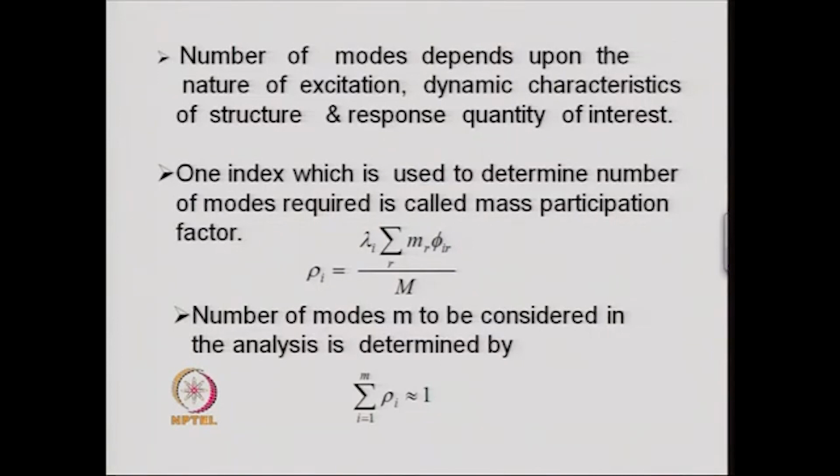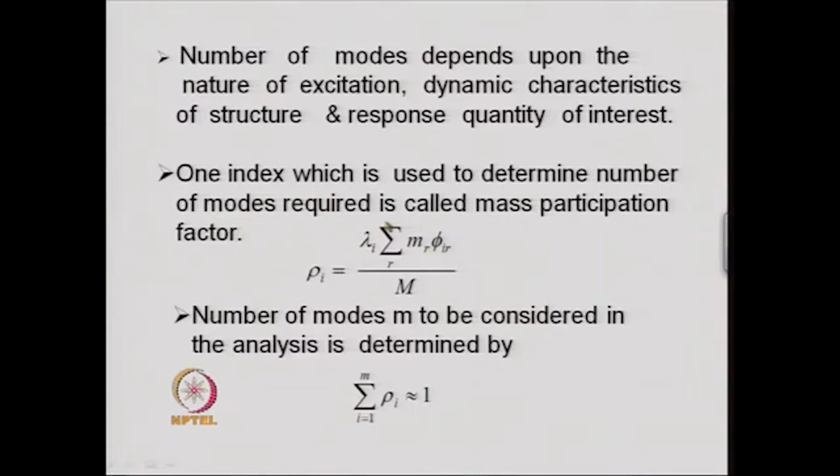One index which is used to determine the number of modes required for getting a fairly accurate result is called the mass participation factor, and the mass participation factor is worked out using this expression. Here lambda i is the mode participation factor, m_r is the mass attached to the rth degree of freedom, and phi_ir is the mode shape coefficient in the ith mode for the rth degree of freedom.